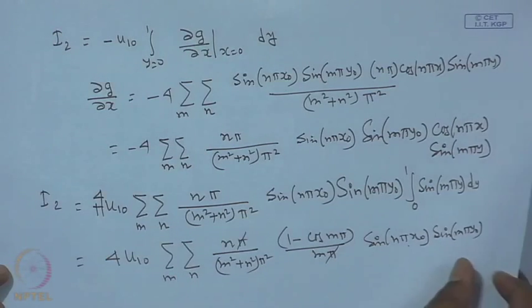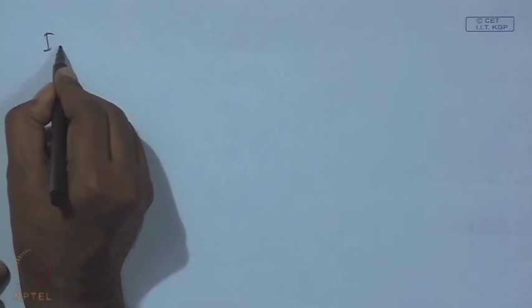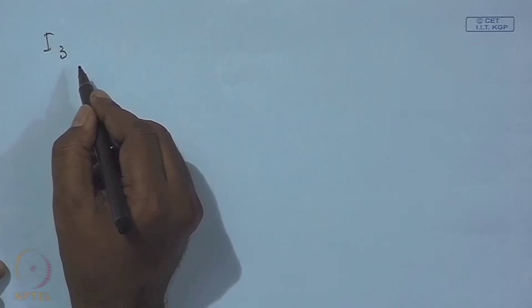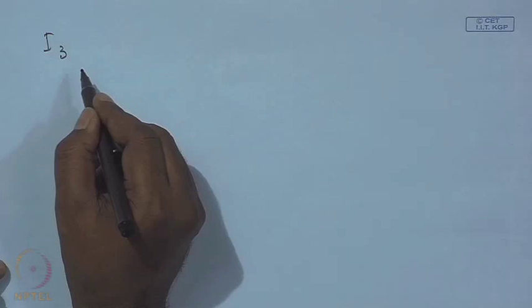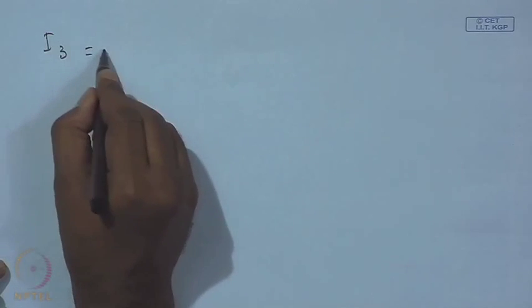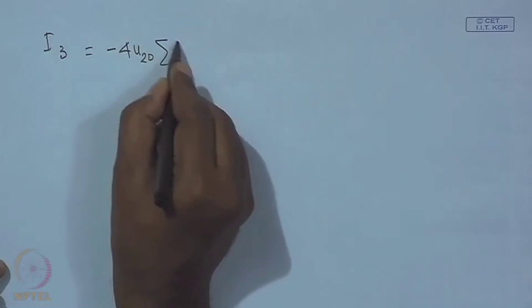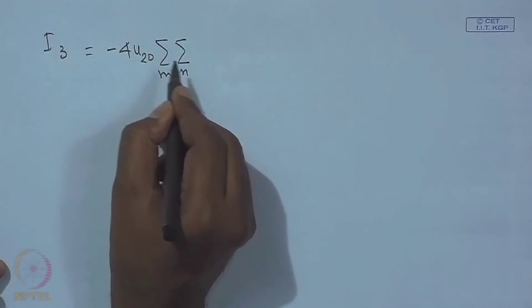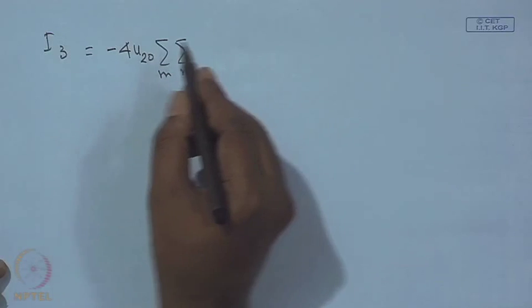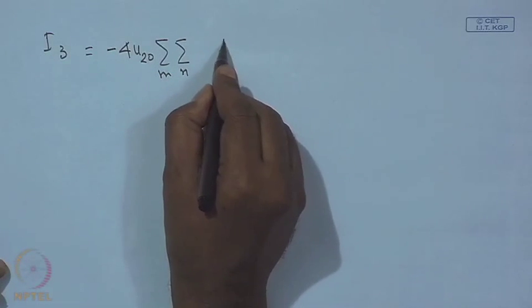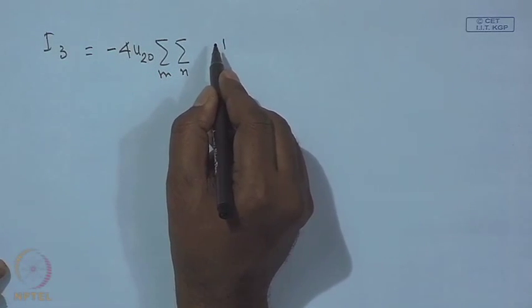Similarly, we can evaluate the next integral I3. The I3 will be del g del x evaluated at x equal to 1. So, it will be 4 u20 double summation, 1 over m and over n, evaluated at x equal to 1.